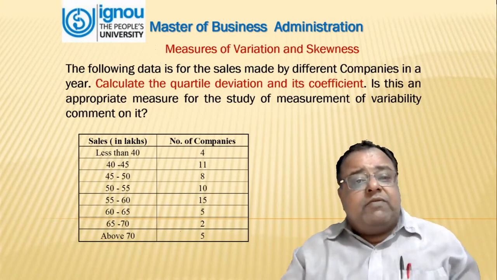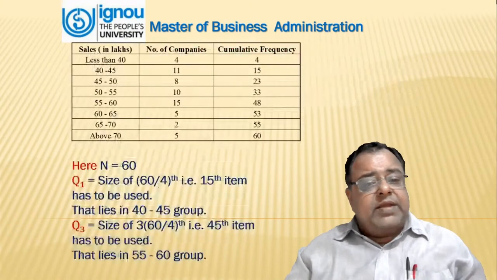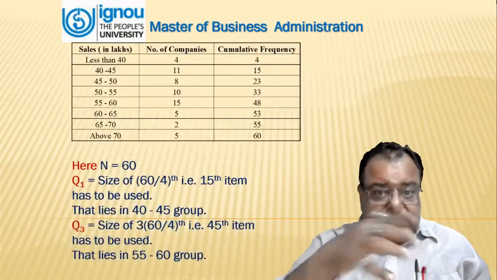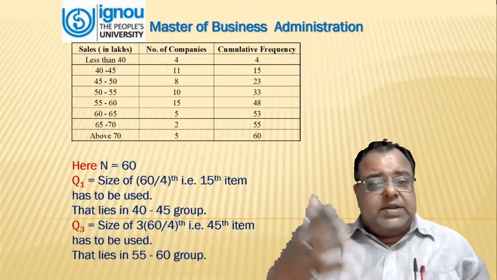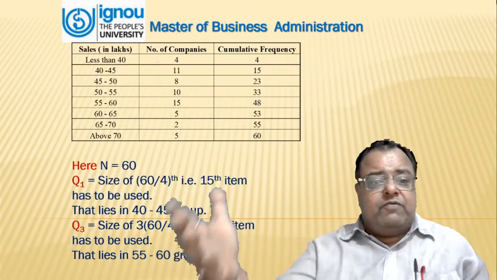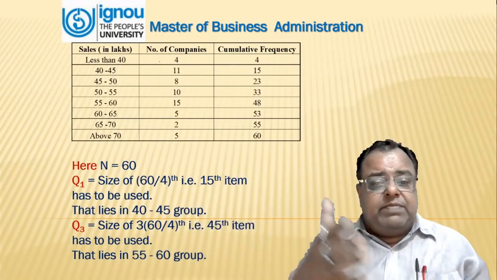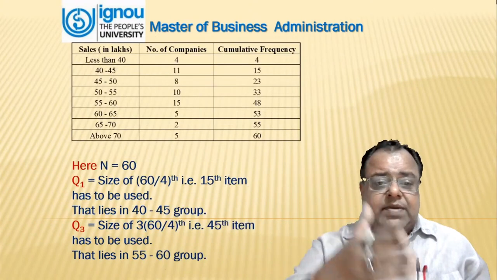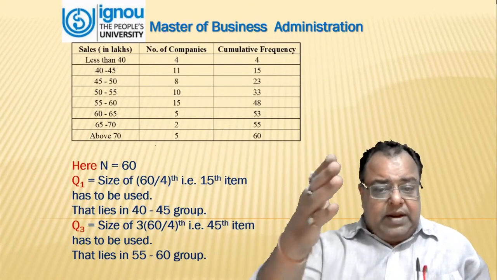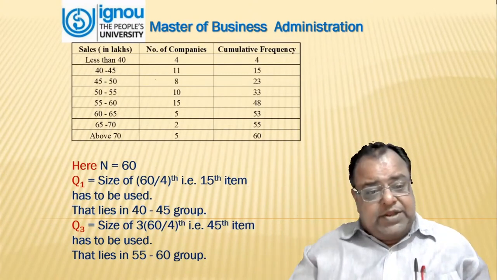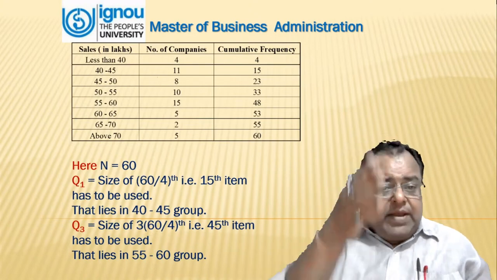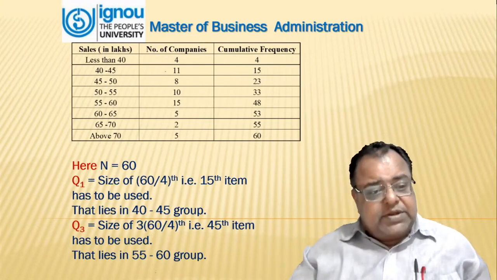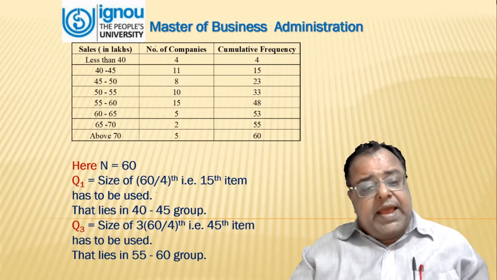So what we will do is calculate the cumulative frequency. 4 in front of 4, 4 plus 11 is 15, 15 plus 8 is 23, 23 plus 10 is 33, and so on until we reach 60. If we sum up the number of companies, it will be 60. So here n is 60.